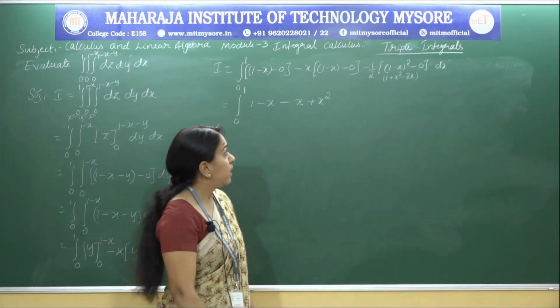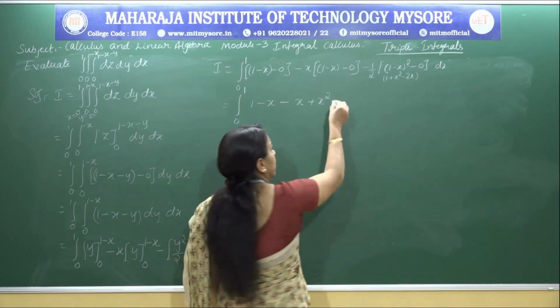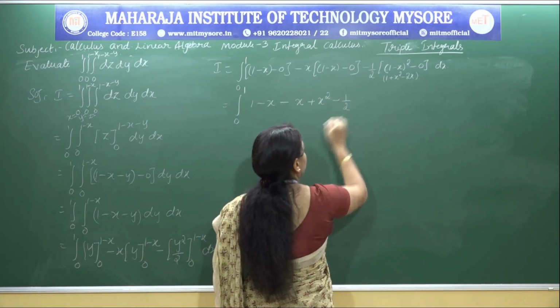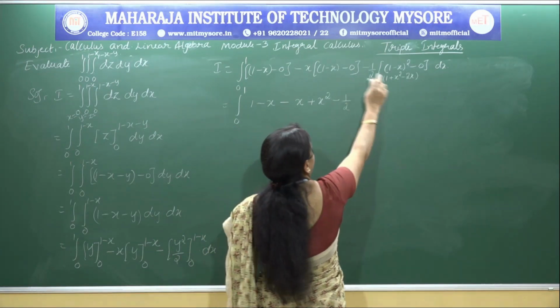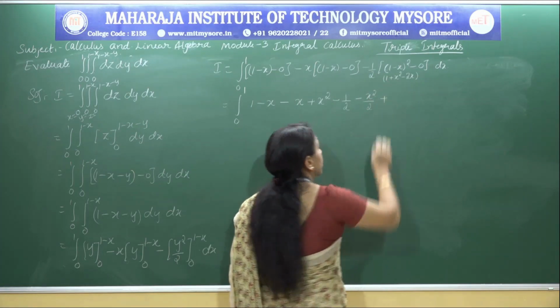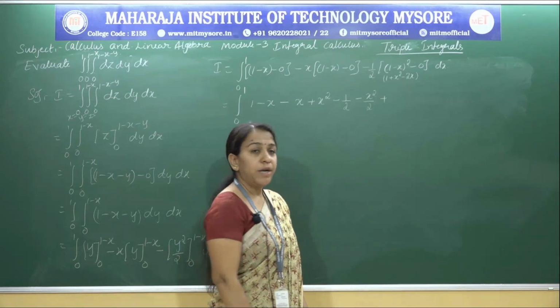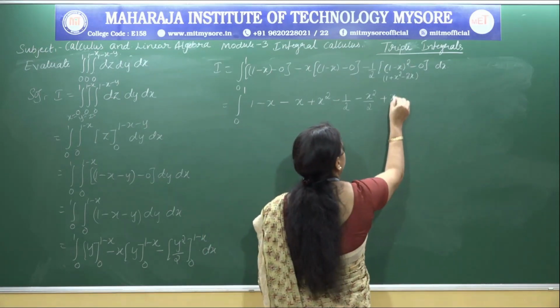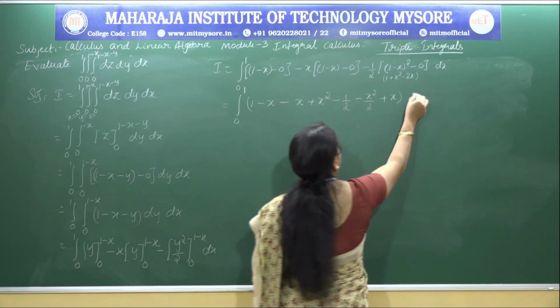So I can multiply by minus 1 by 2 now, that is minus 1 by 2 into 1 is minus 1 by 2, minus into plus gives minus x square by 2, minus into minus gives plus 2x by 2, which reduces to x, dx.